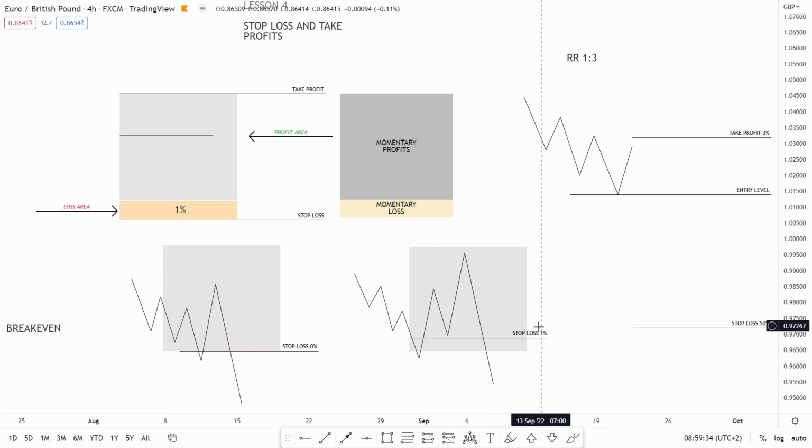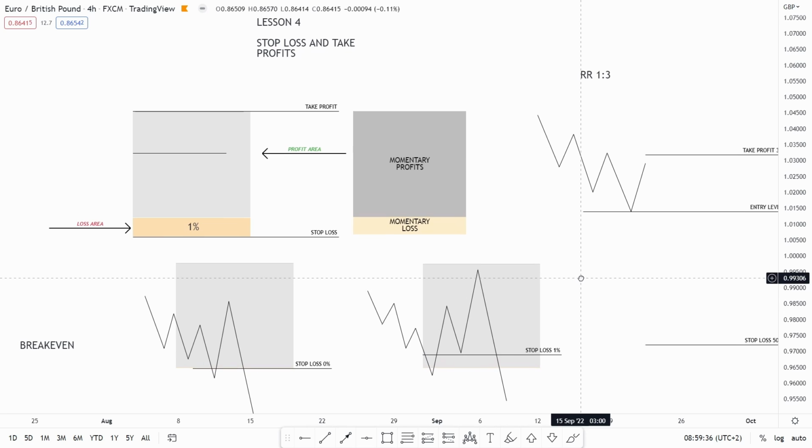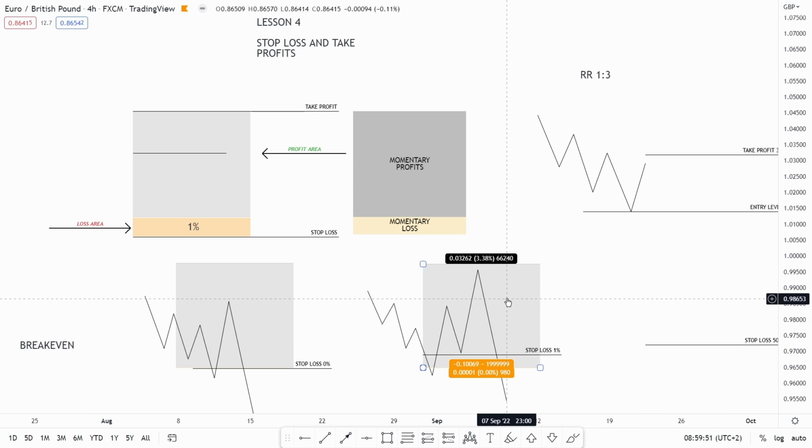We are going to gain the 1% of our trading balance. So these are 4 tools we can use, but as you can see, the most important is the stop loss. Why? Because the stop loss is the one that prevents you from losing all the money you have in your balance.